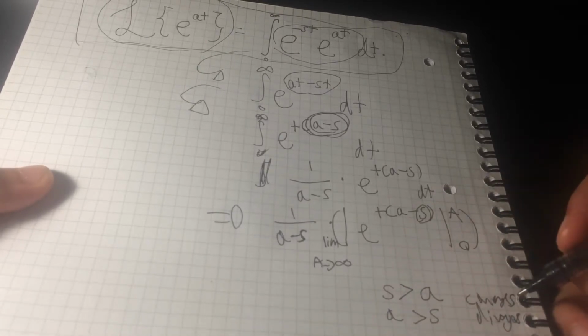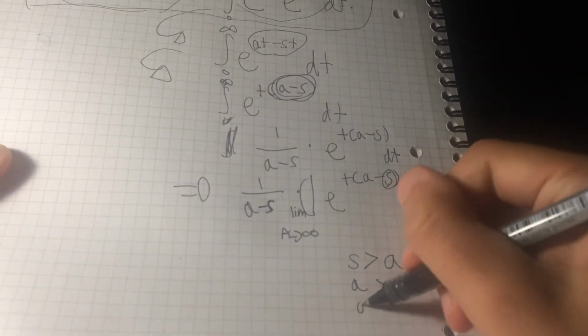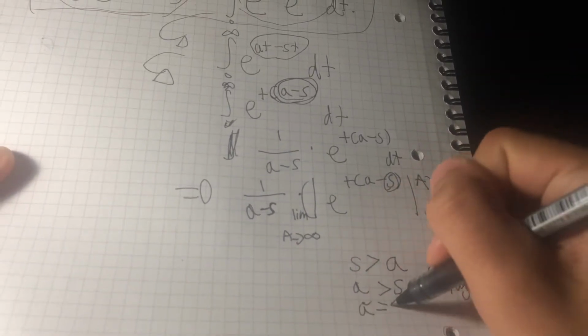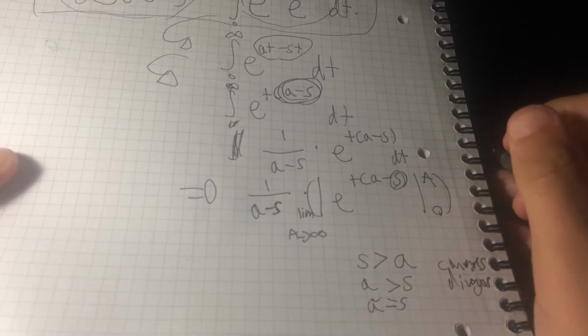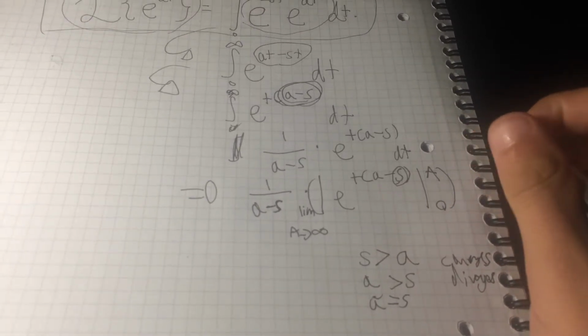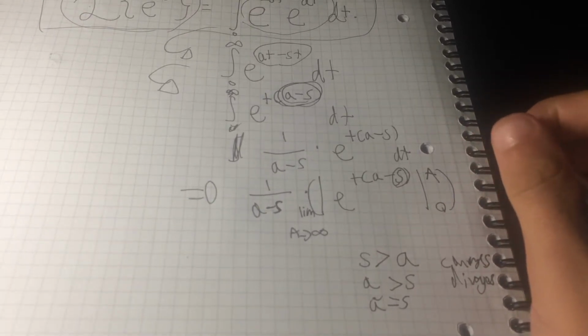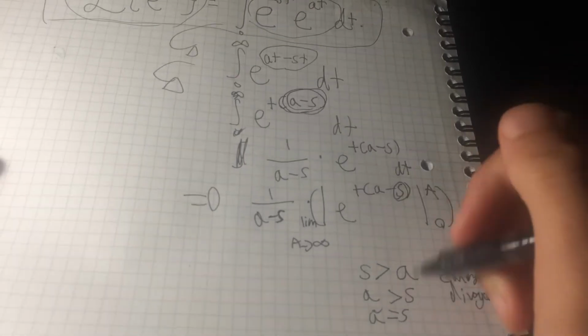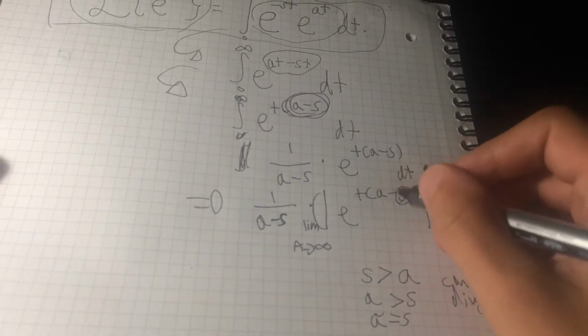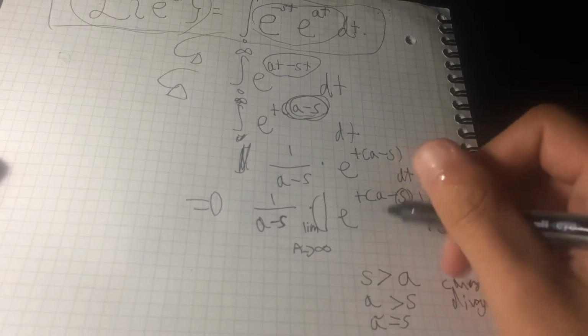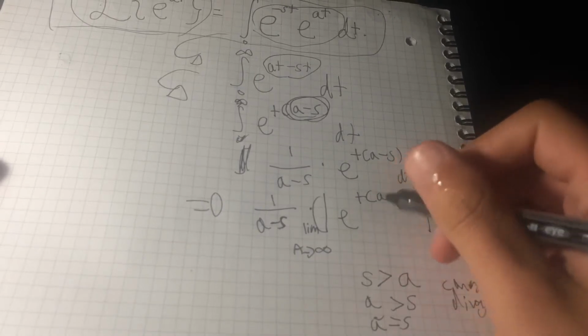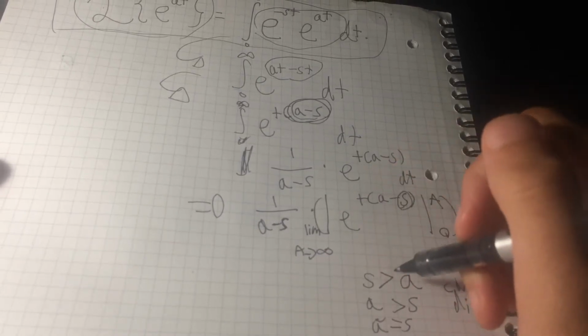Sorry for the rubbish handwriting. And if a is equal to s, you're just going to have a 0. Let's evaluate each of those cases. It's not going to be 0, sorry, this is going to be 0, but the whole expression here will be e to the power of 0, which is 1.